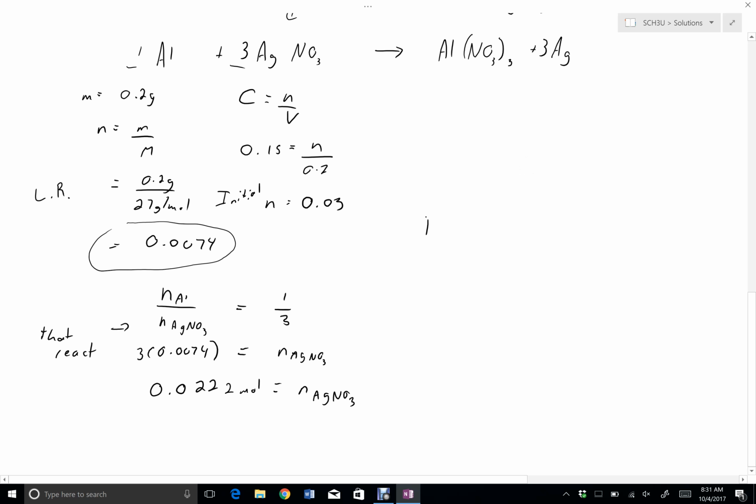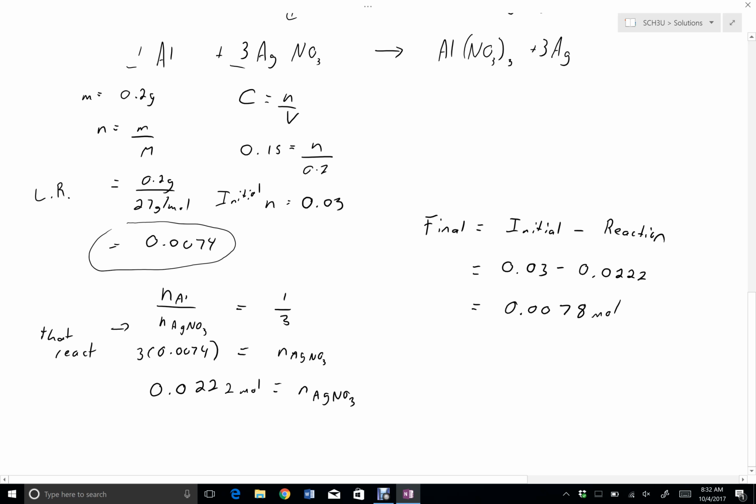So if I want to know how much I have left over, my final, I can take how much I had in my initial and subtract away what I lost in the reaction. So in the initial situation, I had 0.03, and I subtracted away 0.0222, and that would leave me with 0.0078 moles left over.